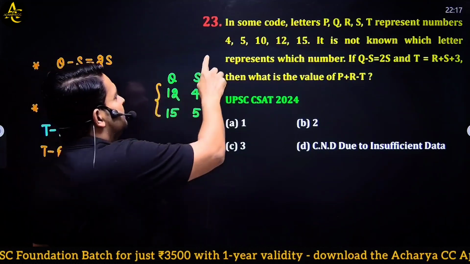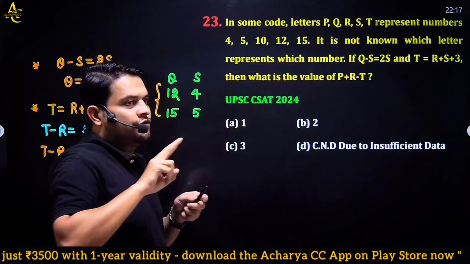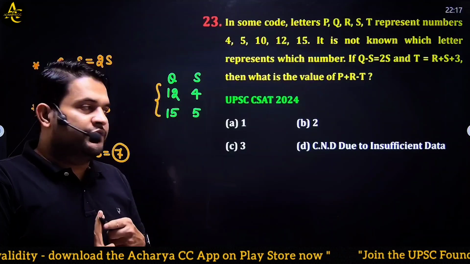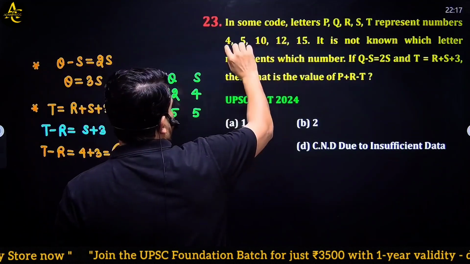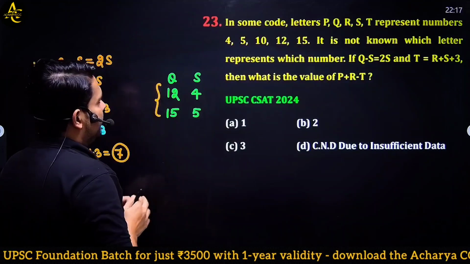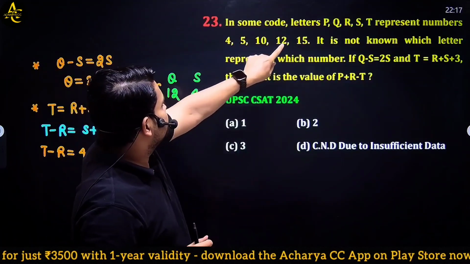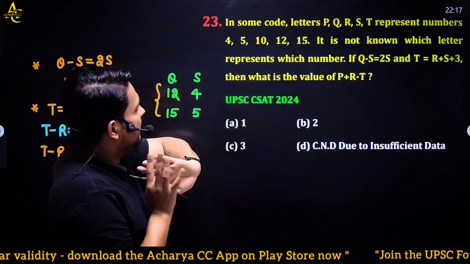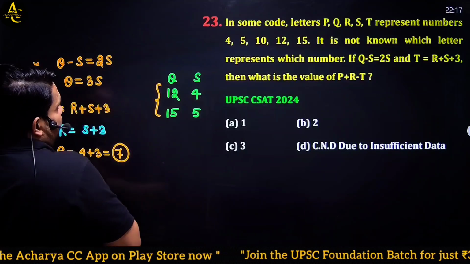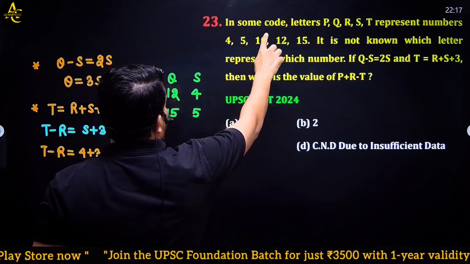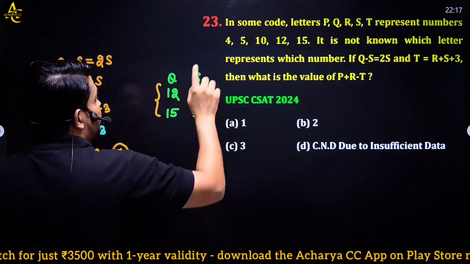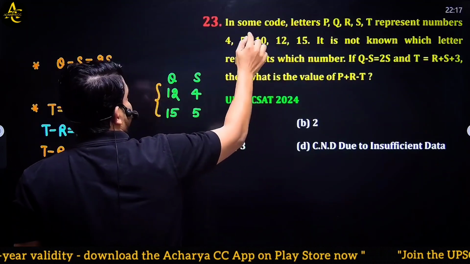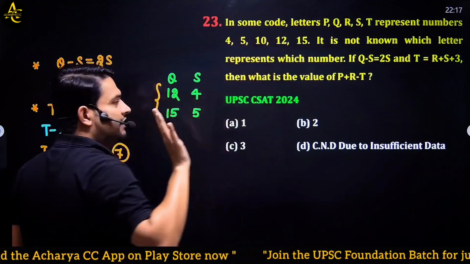And in these 5 numbers, there is no combination of two numbers which will give you the difference of 7. See, if you subtract 4 from 15, you will get 11. If you subtract 5 from 15, you will get 10. If you subtract 5 from 12, then you will get 7.